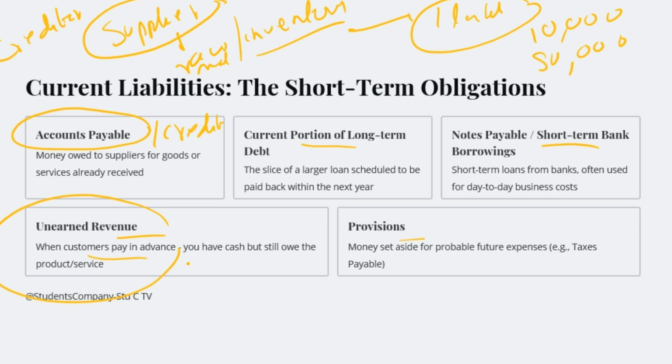And when you actually deliver the service or goods, it will go to your P&L of that year, and it will be shown as sales. So provisions is always a thing in the current liability section. If the business is keeping some money aside for future loss or future expense like tax, then you will call it provisions, shown as current liabilities. I hope this basic distinction is clear for you.